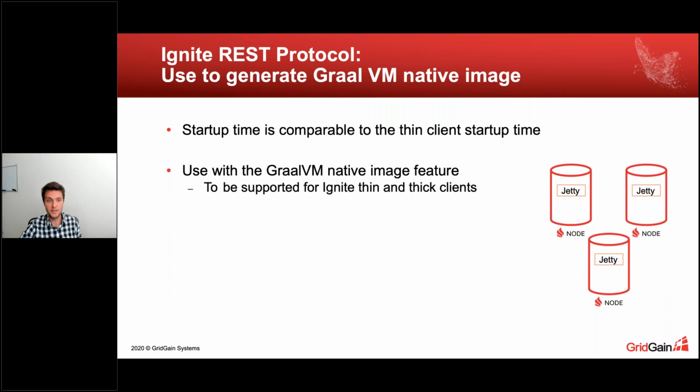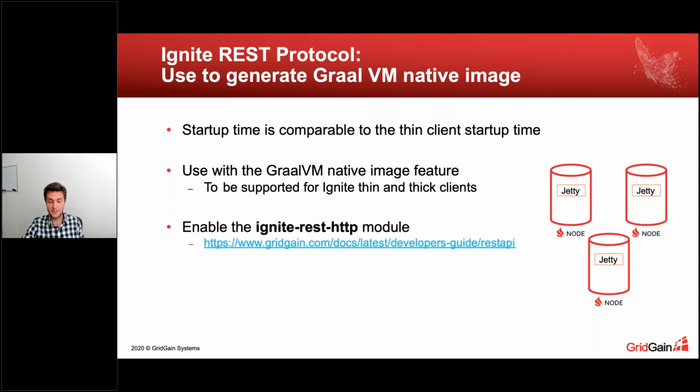And when it comes to GraalVM native image support for other connectivity options like thick clients or thin clients, those are planned and will be supported in the foreseeable future. So the REST protocol is just something you should use if you cannot wait and you are already generating GraalVM native images and you want to connect to your Ignite cluster.